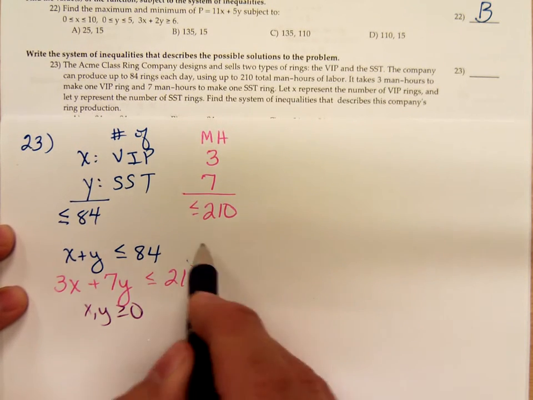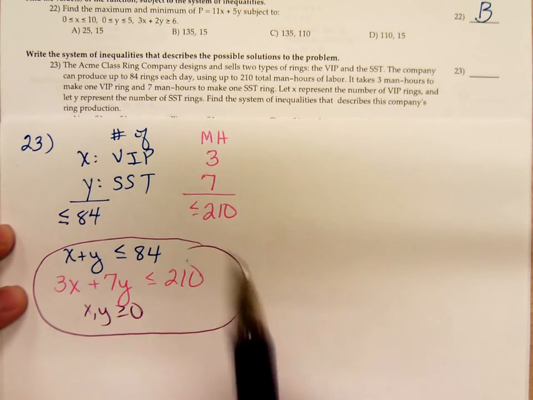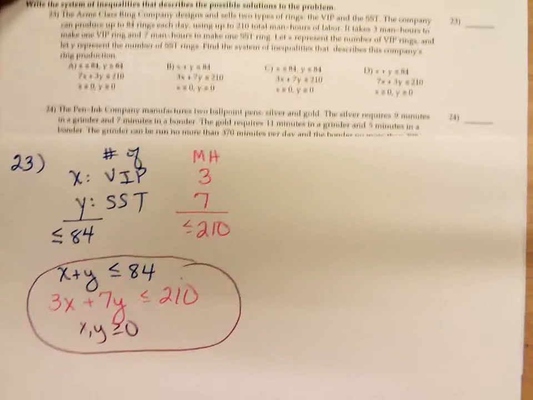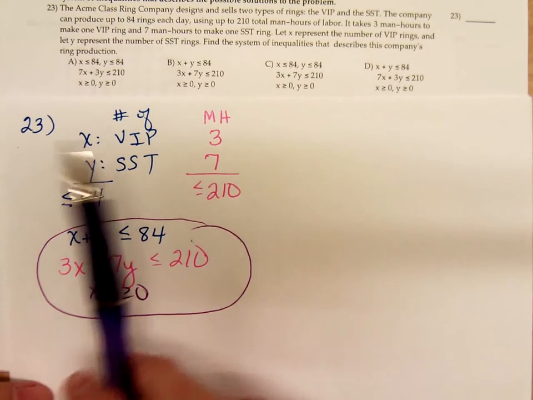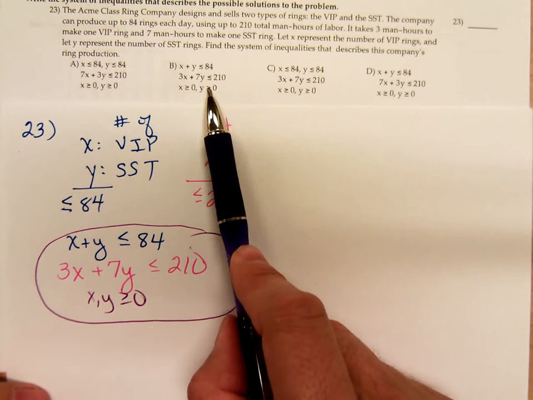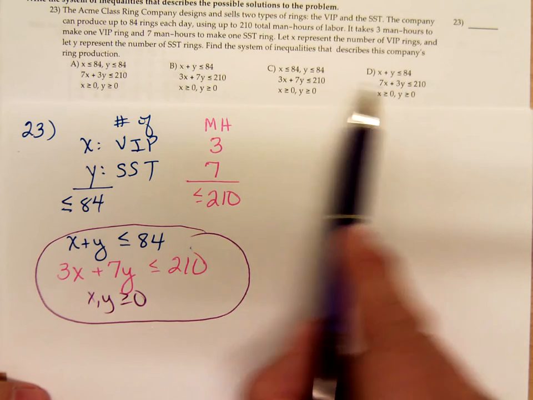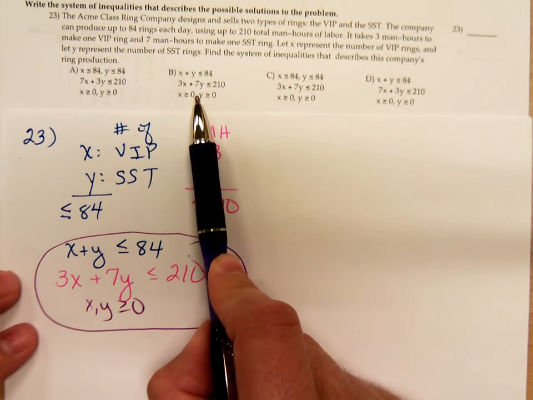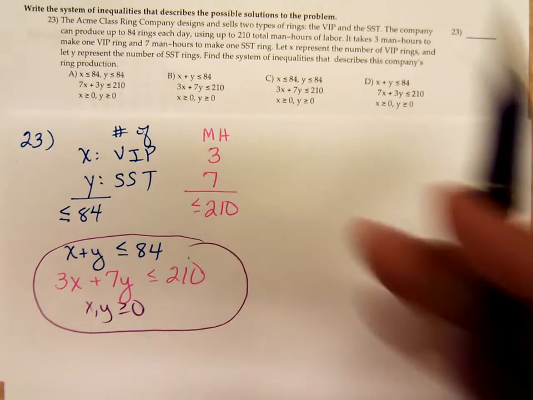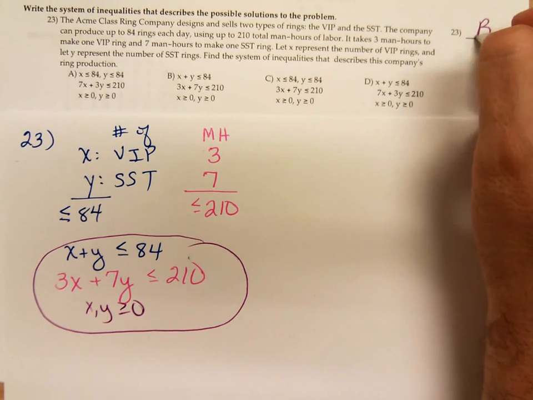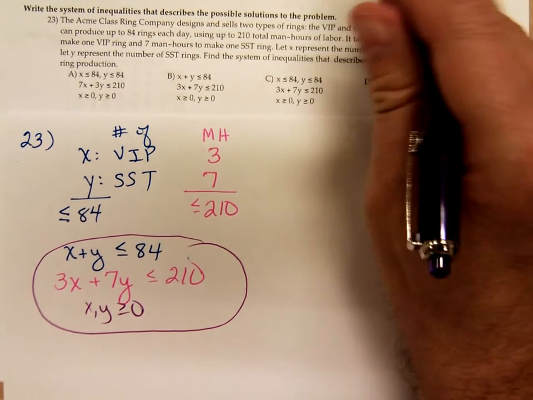So X and Y are both non-negative, greater than or equal to 0. Let's see, which one is it? Is it B? Yeah, this one's B also. Okay. Just sort of working through these.